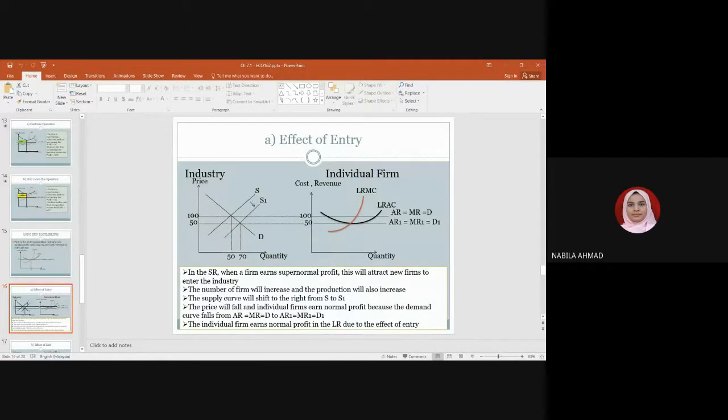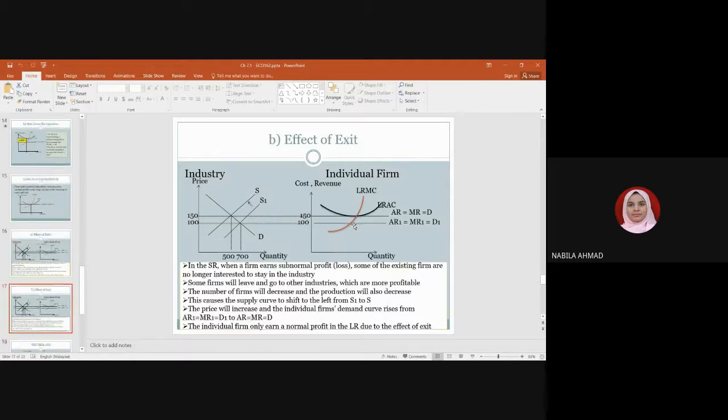Okay, so kita ada new price 50. Jadi, dalam individual firm pula, apa yang berlaku? Ya, the demand curve akan turun dan average revenue equals to average cost di sini. So the firm is making normal profit in the long run due to the effect of entry.